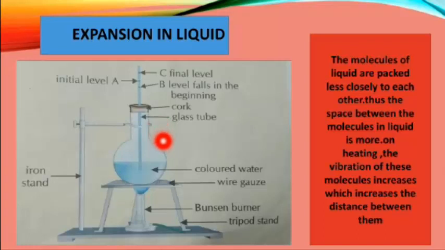After some time, we'll observe the water level first falls to B and then rises steadily and reaches up to C. So children, through this activity, we conclude that the colored water expands on heating, demonstrating expansion in liquid.